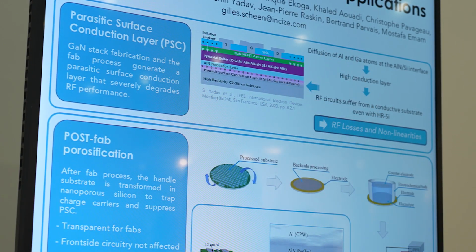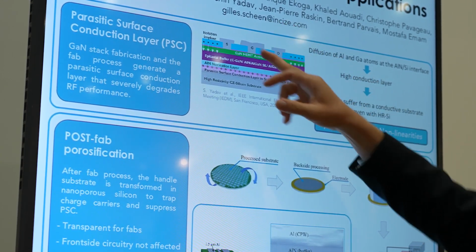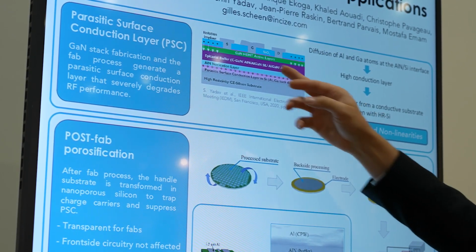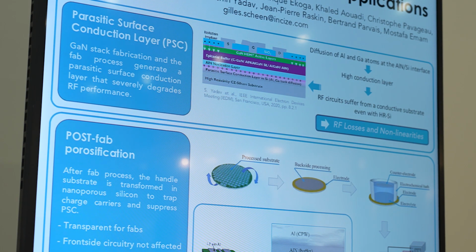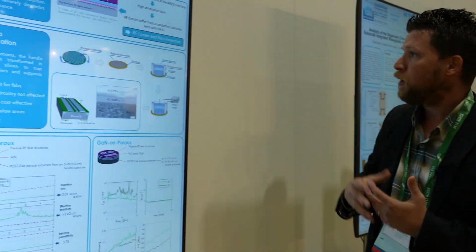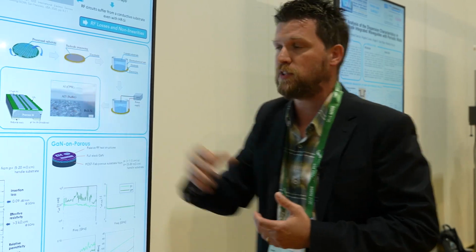With the diffusion of the aluminum in the high resistive silicon, the silicon becomes very low resistive, and then the electric circuit sees a low resistive and not a high resistive silicon, and the circuits are subject to RF losses.